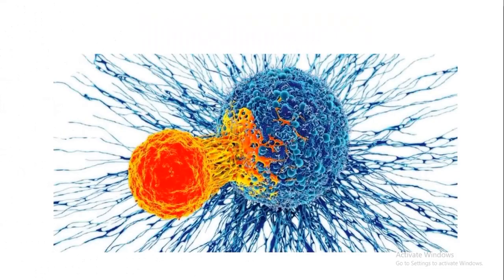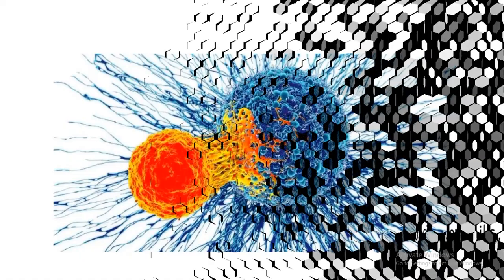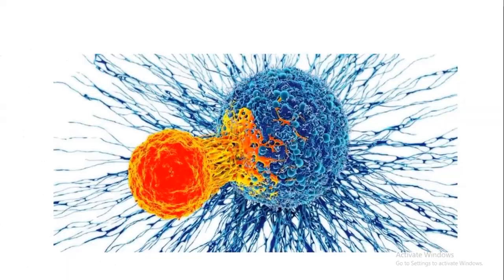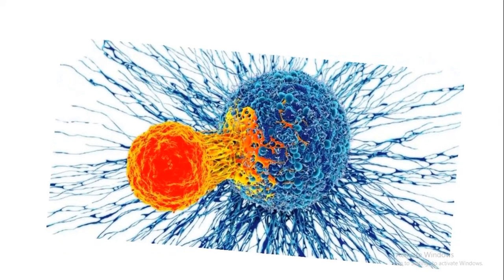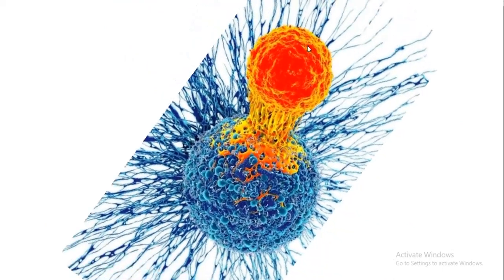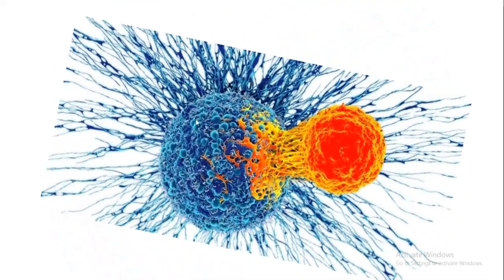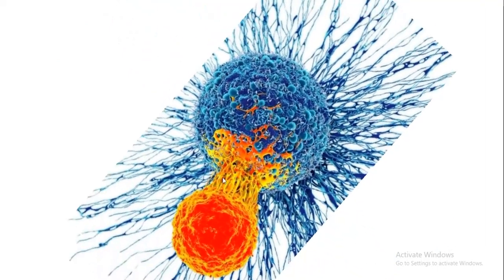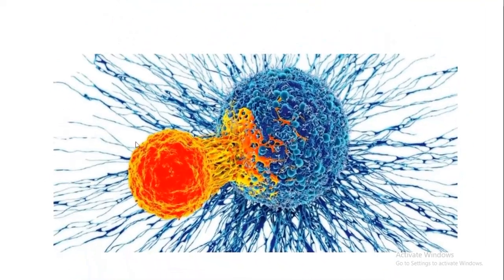So let me quickly give a picture of something that you can try to understand. If you look at my picture, I'm having the yellow, the orange part, and the blue part. The orange part is just standing for the white blood cell, any white blood cell.